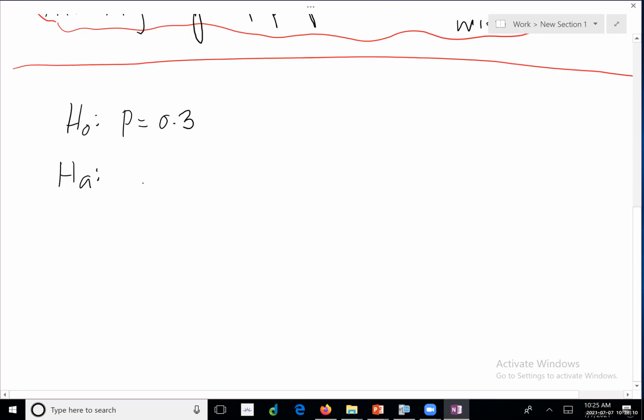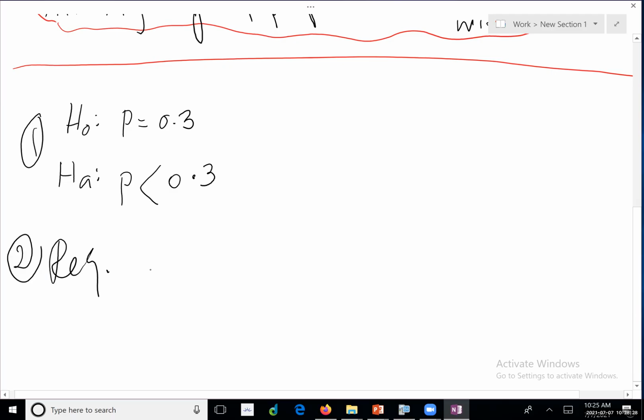So it's 0.30, or 30%. Fewer than 30%, you use less, the sign less. P less than 30%. Requirement, that's met. So for the requirement, you would say 5,588. That's greater than 5.